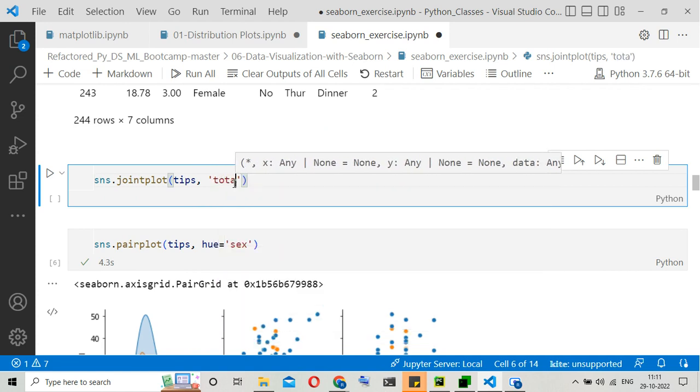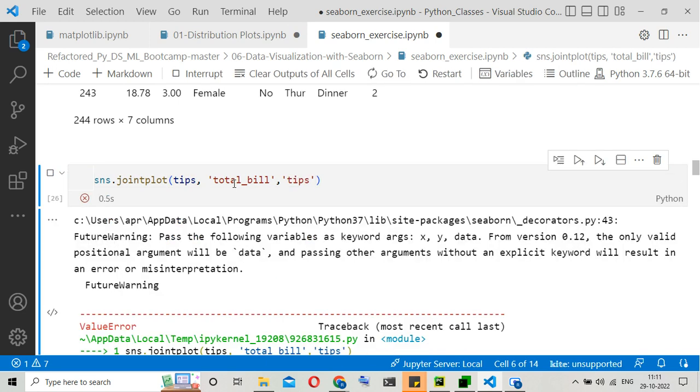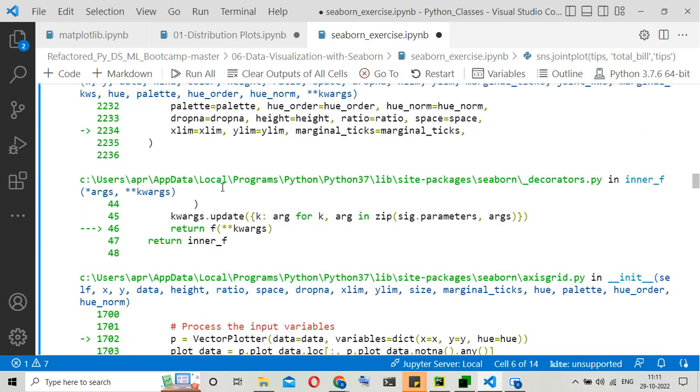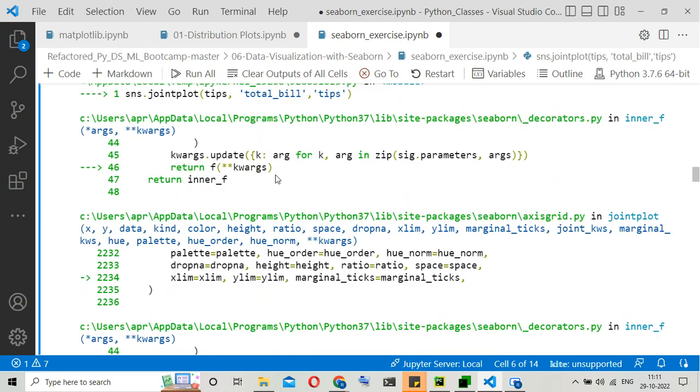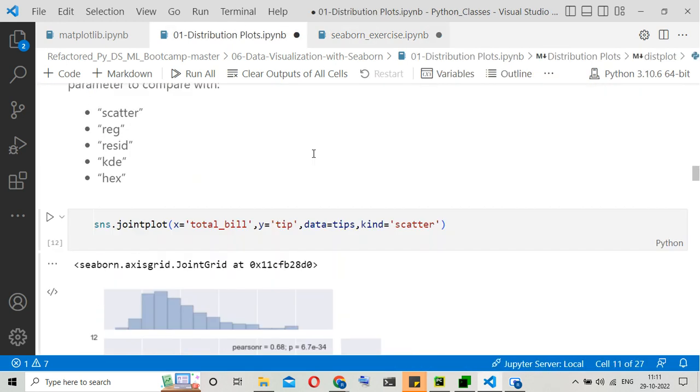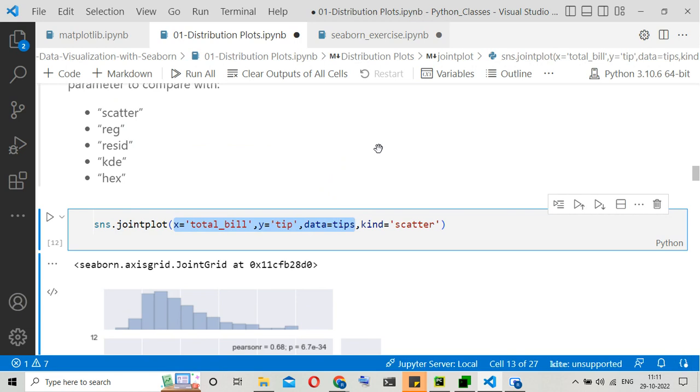Total bill, I think. Total bill, and I guess some column name is missing. Okay, let me check what the syntax is. Yeah, we can directly pass. Okay, like this.